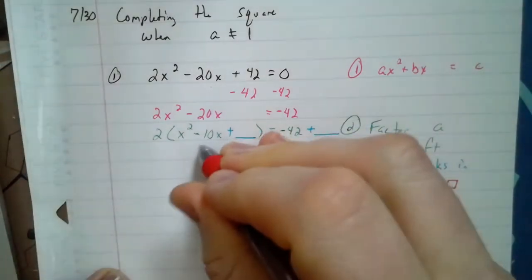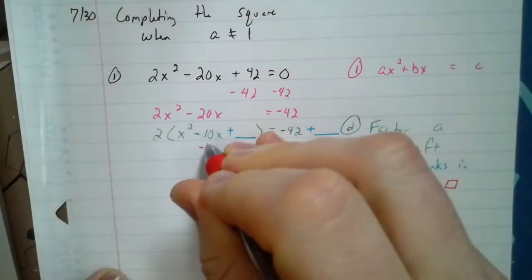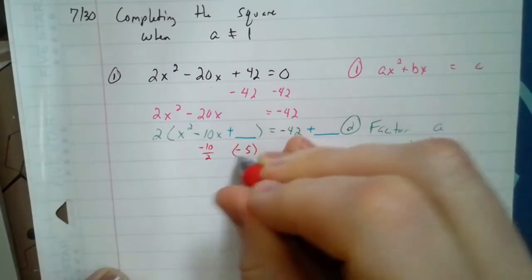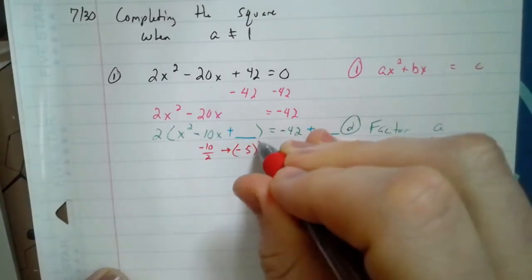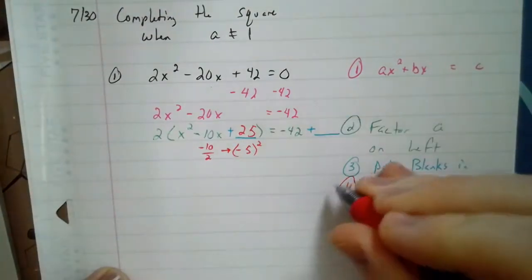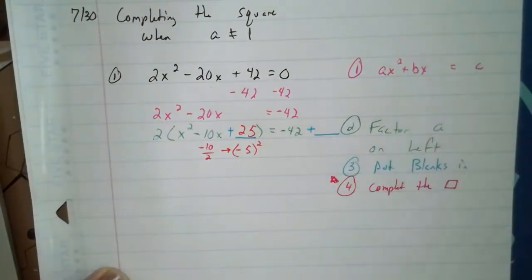So here I say to myself, half of negative 10, divided by 2, is negative 5. Negative 5 squared is 25, okay? I'm going to go ahead and put a star here. This is where it's different, okay?